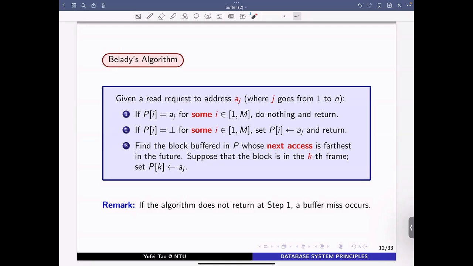In this case, you have to find an empty slot to store this AJ. You must do it according to the constraint, because you cannot say I read AJ but I don't keep AJ in main memory. That's not how a database system works. A database system says you always have to bring it into main memory so that the CPU can read it.